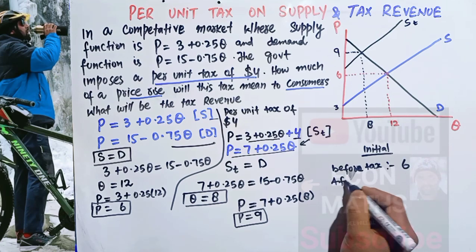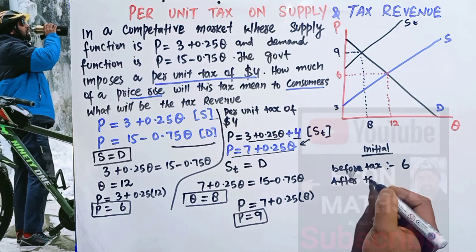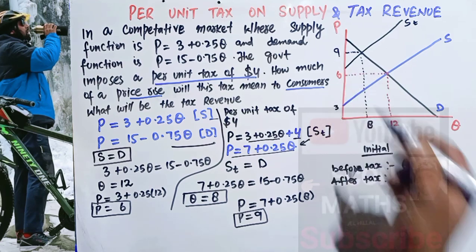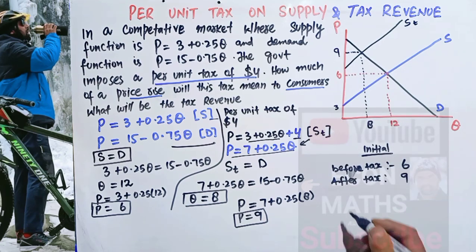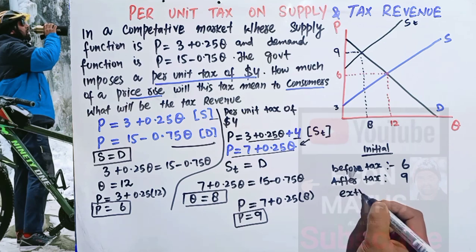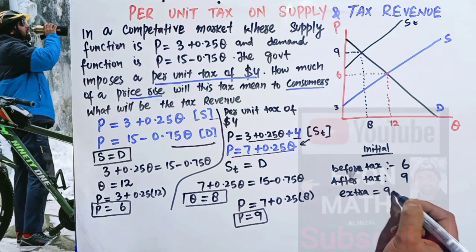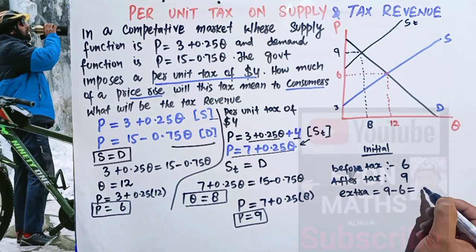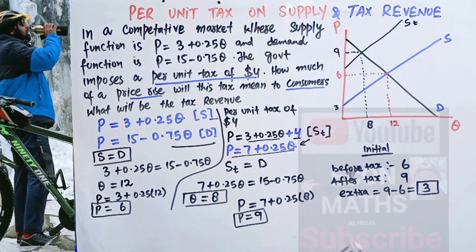After tax, the new price is $9. That means they have to pay extra, that is 9 minus 6, which is $3. That means consumers pay $3 extra at the new equilibrium when a per unit tax of $4 has been imposed.